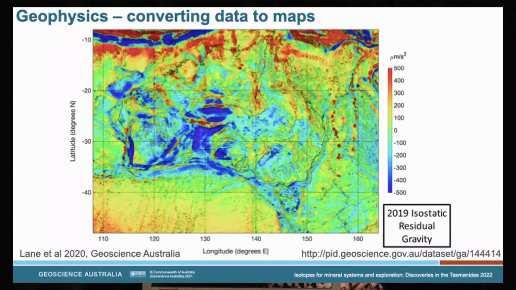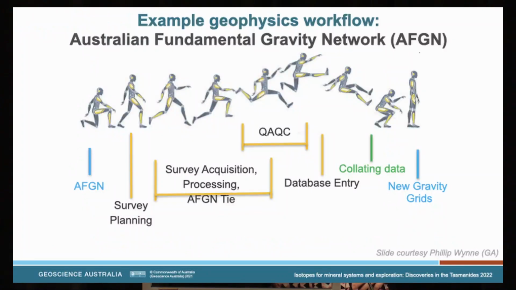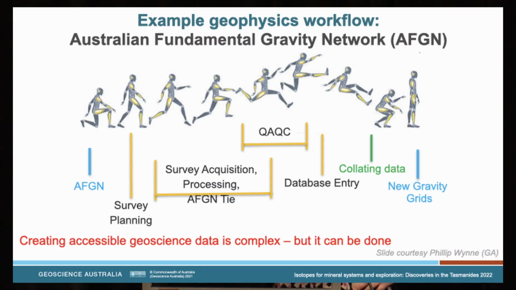But I asked Phil at GA to give me a look behind the scenes, and he sent me a spreadsheet, some code, and this workflow. All of which is to say that it takes a lot of effort, a lot of hard work over decades to create these things. But it does show that you can create accessible geoscience if you work at it.